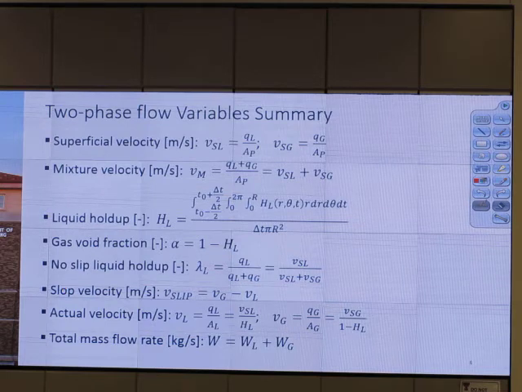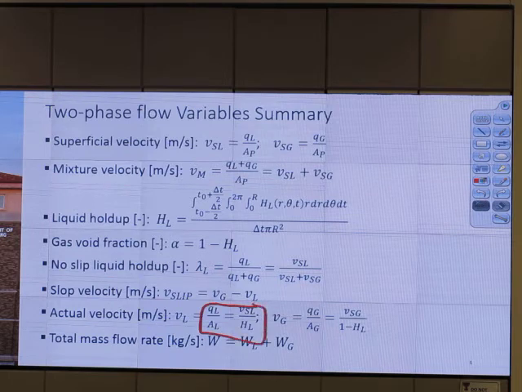VG minus VL, that is slip velocity. If slip velocity equals 0, this means actual gas velocity and actual liquid velocity are the same. Actual velocity is flow rate divided by actual cross-section area, or VSL over HL.